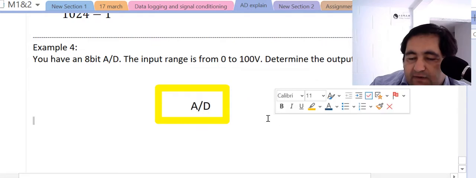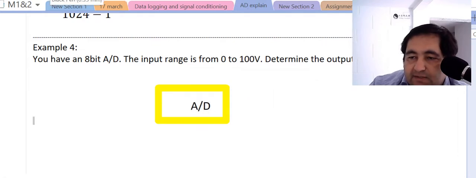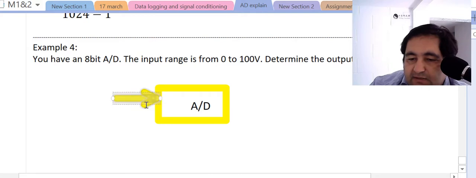The input for that obviously is an analog signal. In this case the input is 20 volts.